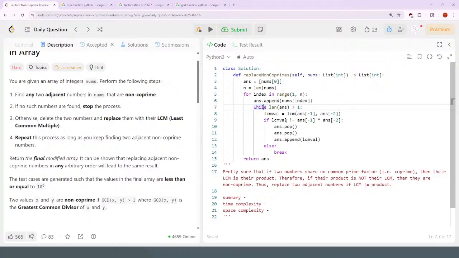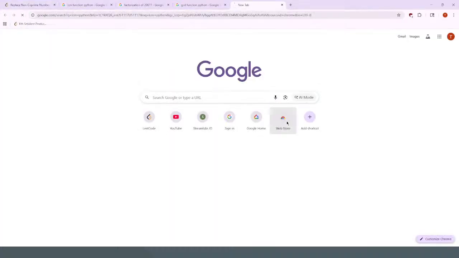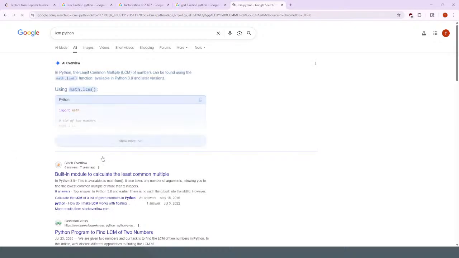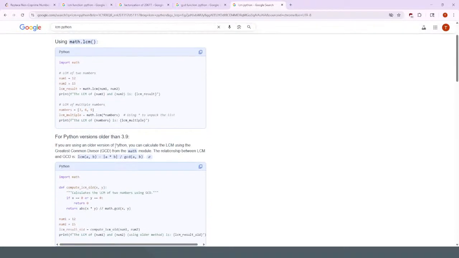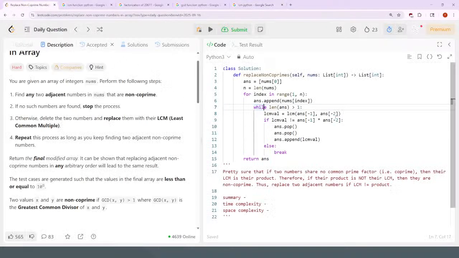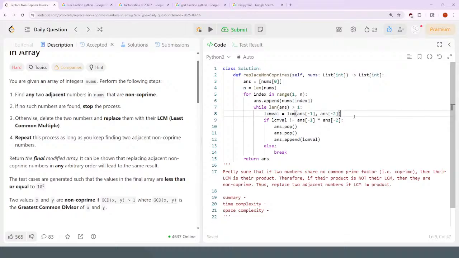I guess the lowest common multiple is the product of them divided by their greatest common divisor, right? Product of them divided by the greatest common divisor. So, okay. Maybe it is slightly faster.